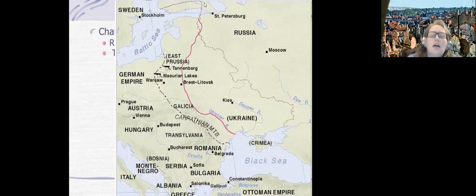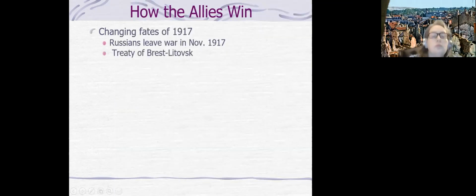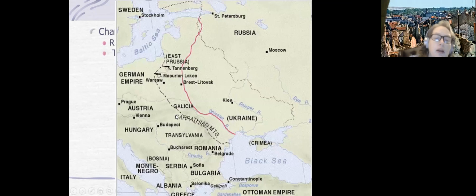To give you an idea, what you see here is where the original line, the dotted line right there, kind of west of Warsaw, is where initially the German and Russian border was. The pink line is where the fighting line was at Brest-Litovsk.